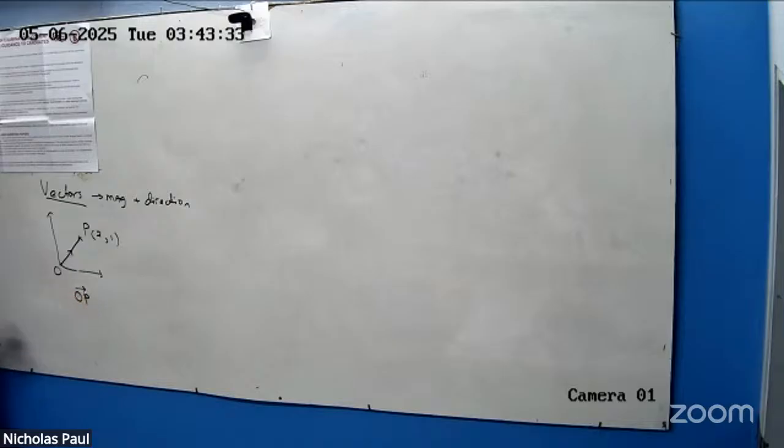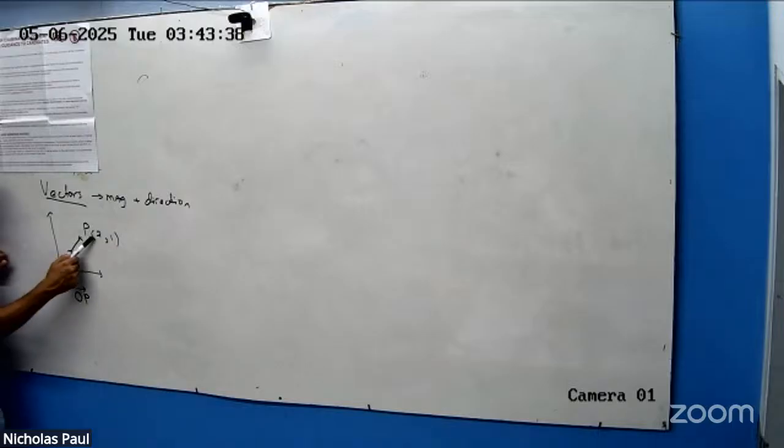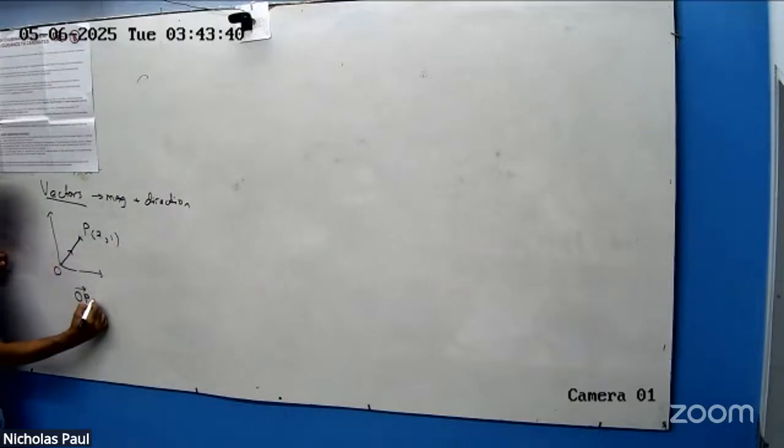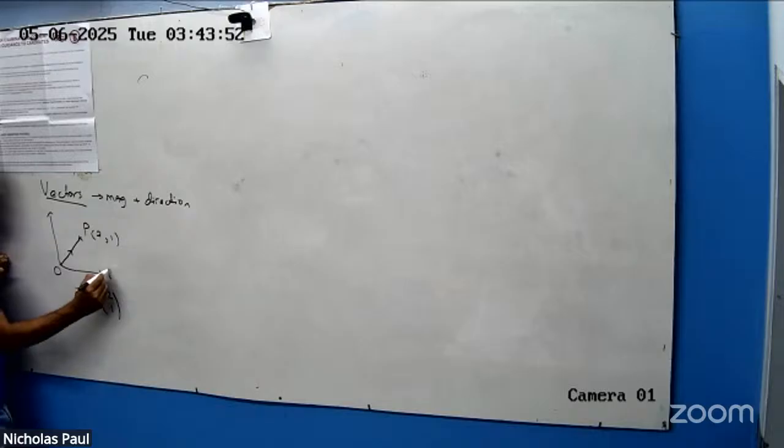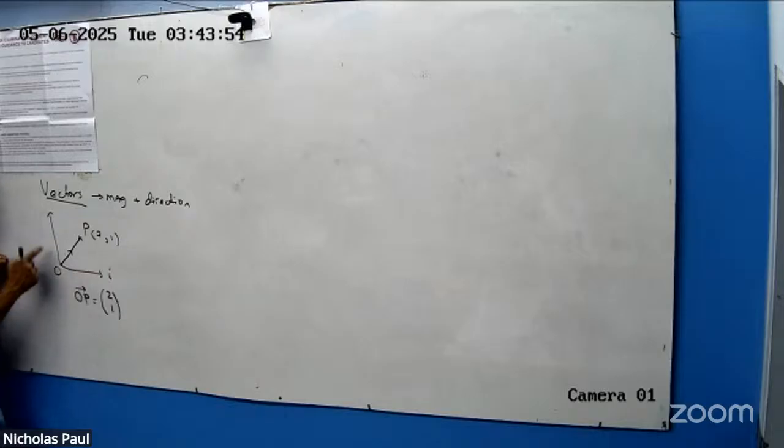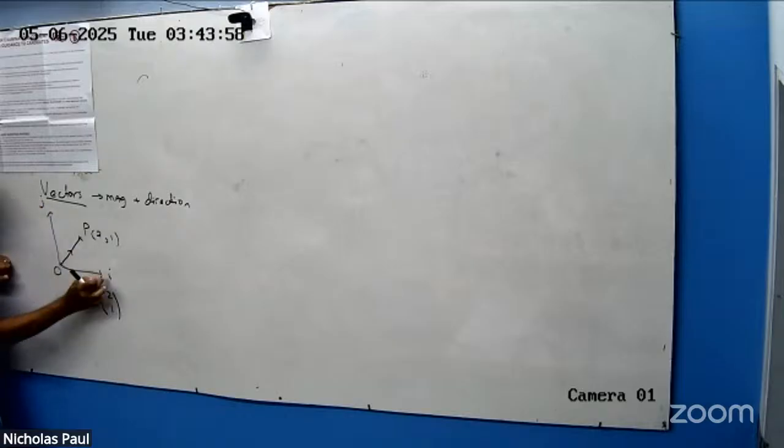The way I write the vector, the point is written horizontally, the vector is written vertically. But there's another way to write it. Everything on the x-axis, we give it a direction i. Everything on the y-axis, we give it a direction j. So i and j tell you what direction it's in.